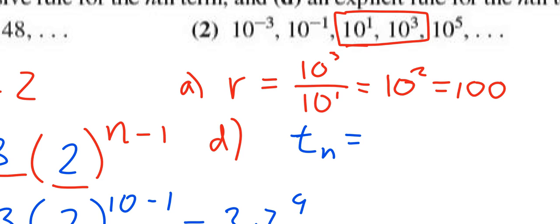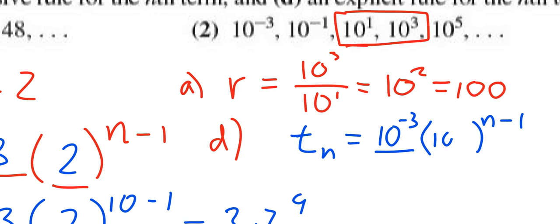Okay, so T subscript n is equal to something times something to the n minus 1. 10 to the negative third, okay. And once again, if you decided to put 0.001, I don't care. That'd be fine. Okay, times what? 100? Yeah, sure, that'll work. First term, common ratio.